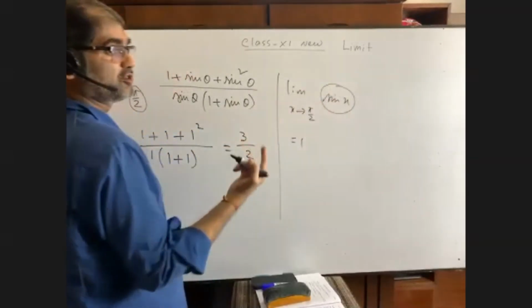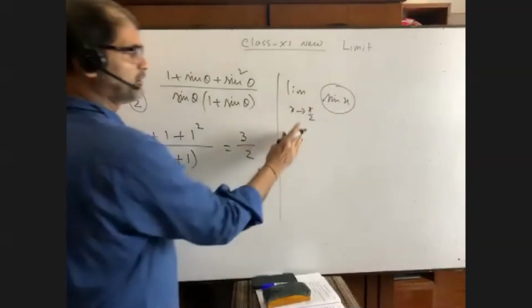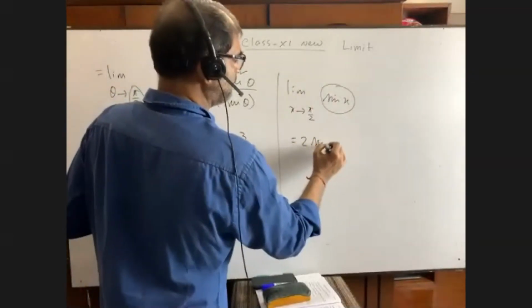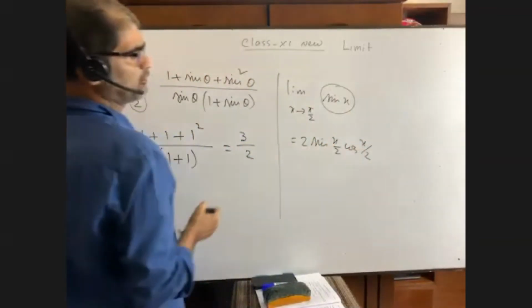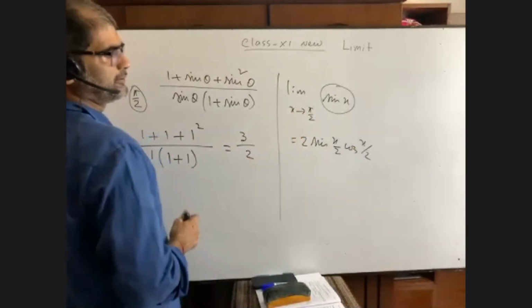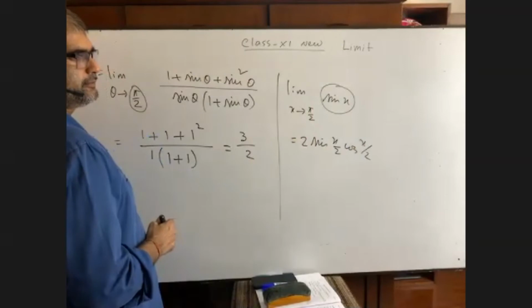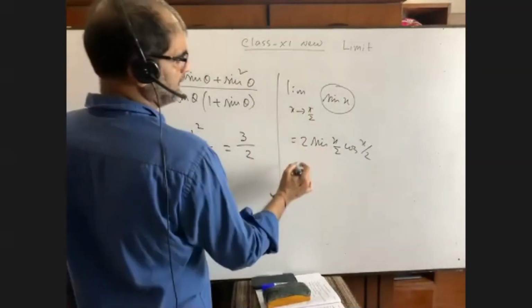Sine theta equals what? 2 sine theta by 2 cos theta by 2. Very good. Then what will be the answer if x tends to pi by 2?